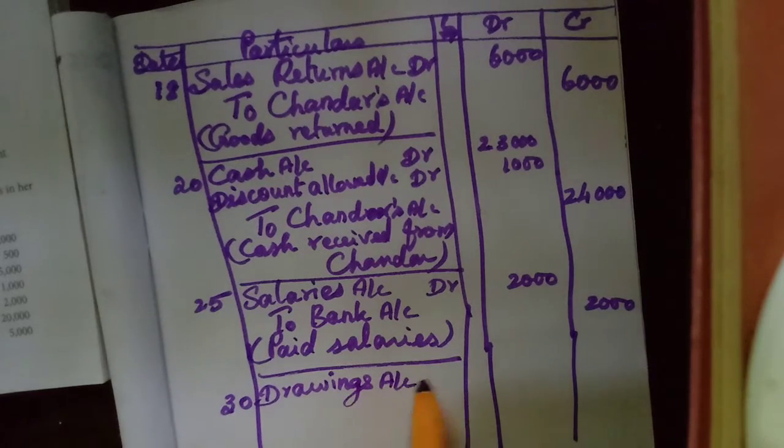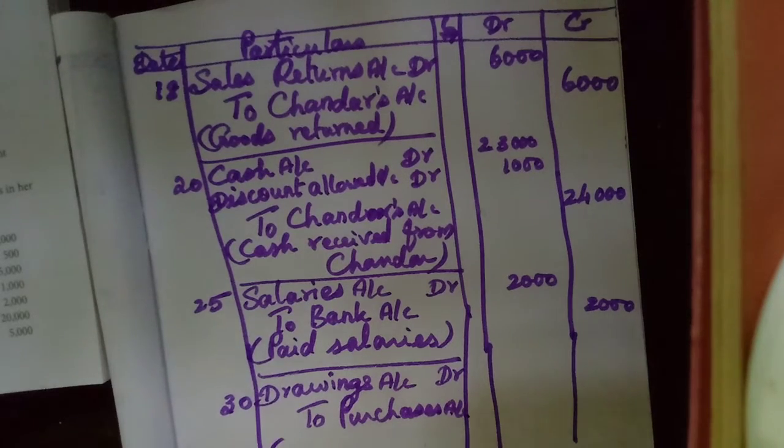Drawings account debit to, sorry, purchases account or stock account, we can also write. Took goods for personal use. 10,000.